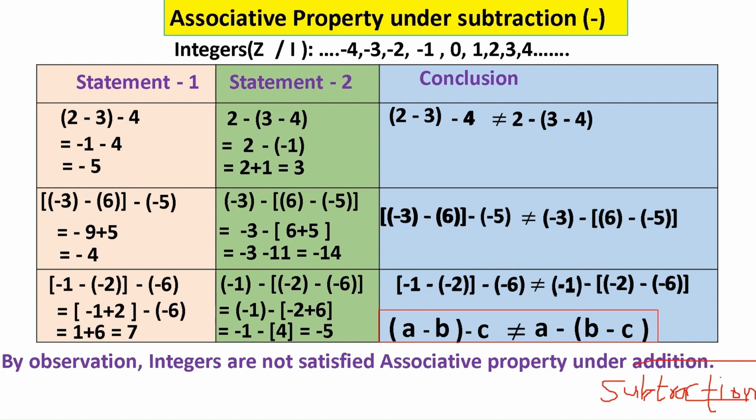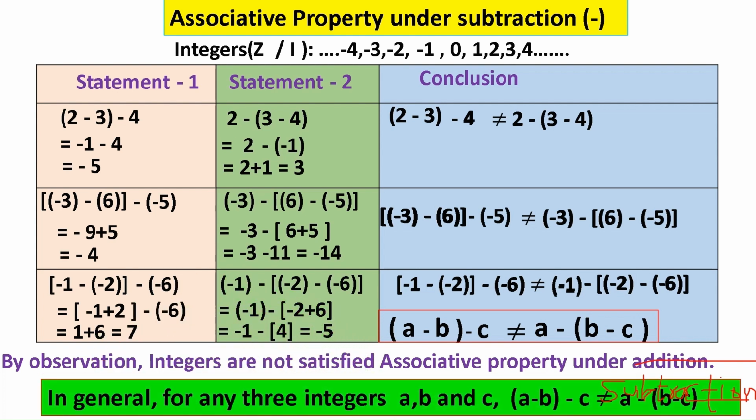By observation, integers do not satisfy the associative property under subtraction.